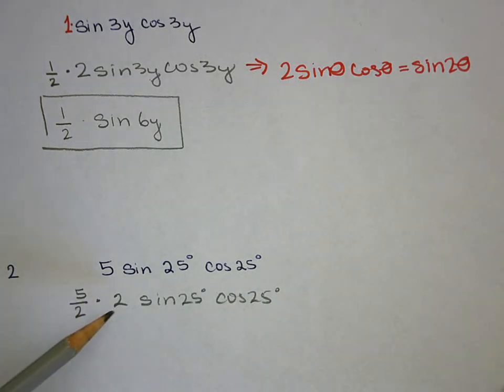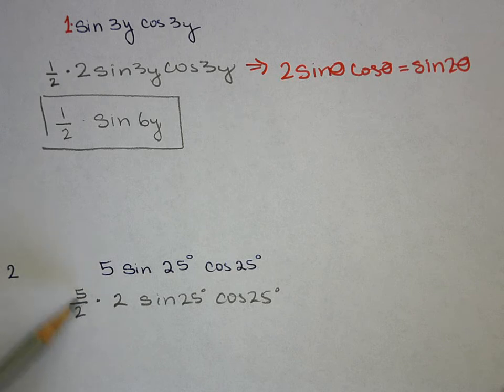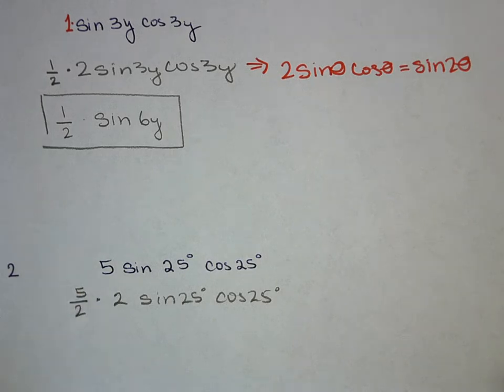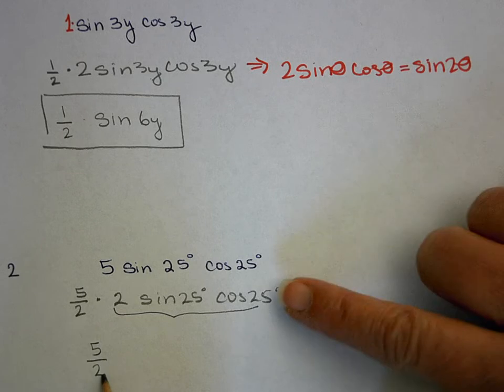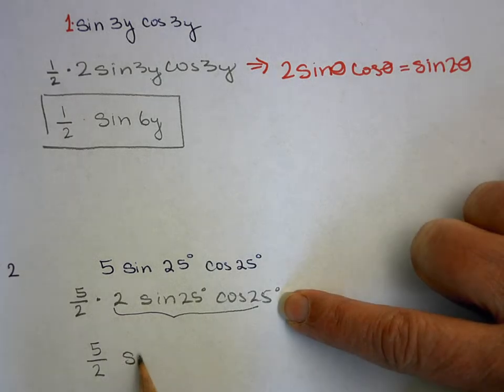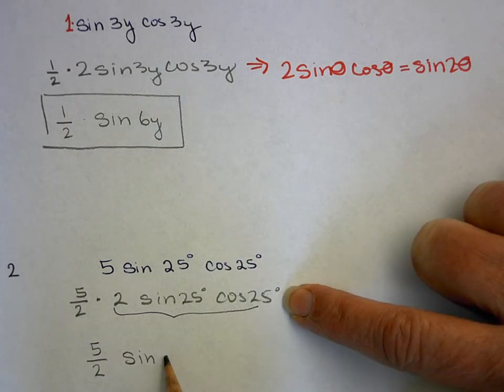So I'm going to do 2 times 5/2, or 2.5, that would be fine as well. And so again, the 2's would cancel and give me 5, which is what I started with. And then this right here is my identity, a product of sine and cosine that is being doubled. So the 5/2 just comes down, and then all of this gets replaced with sine of double the angle, so instead of 25, 50 degrees.